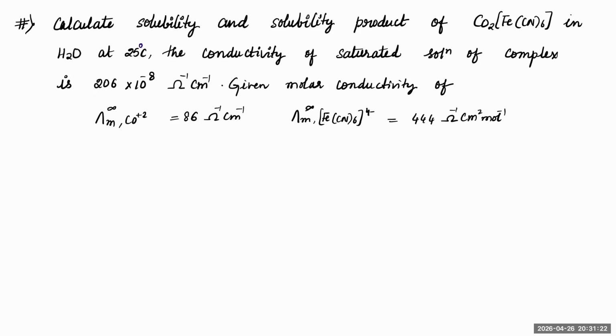The conductivity of the saturated solution of the complex is given, and the molar mass of Co2[Fe(CN)6]. These are the values which are given. So use those values and try to figure out what will be the solubility and solubility product of this particular salt which is solid. Okay, so try it for a minute, then I'll discuss.